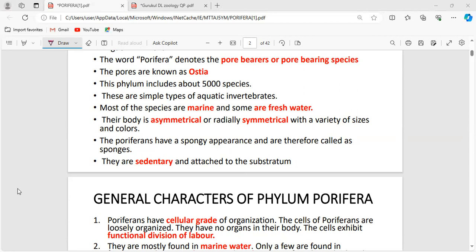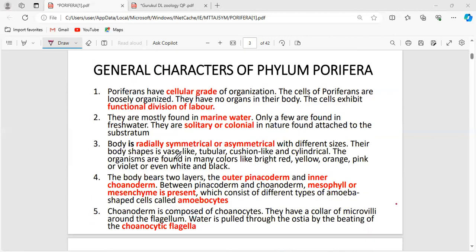Is pinacoderm an inner layer or outer layer? And what is the other name of the other layer? See, it is made up of two different layers, the inner choanoderm and the outer pinacoderm.